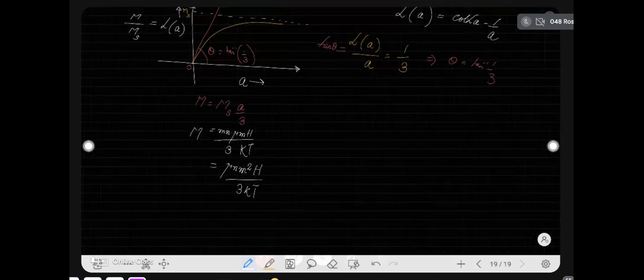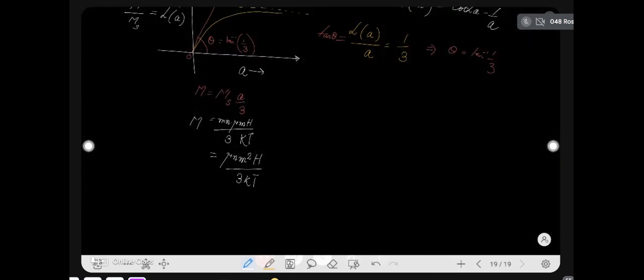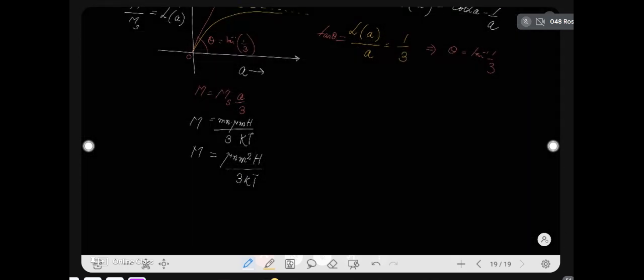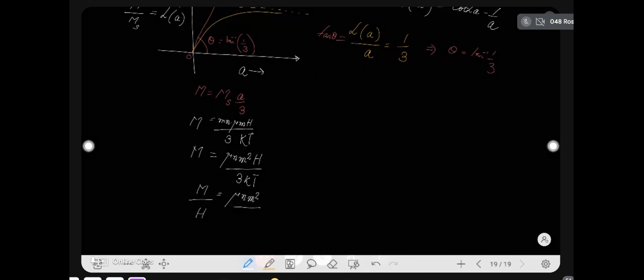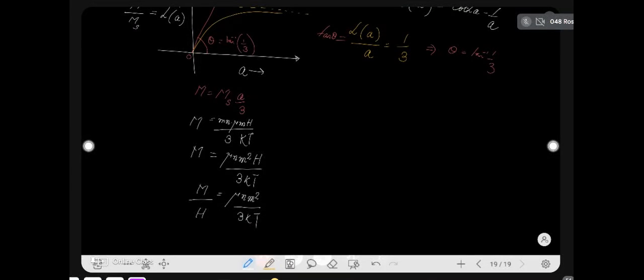This magnitude value of magnetization M divided by magnetic field intensity H is mu n m square divided by 3kT. This is nothing but the magnetic susceptibility chi m.